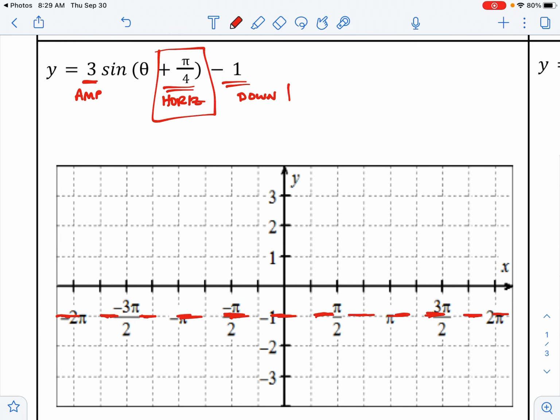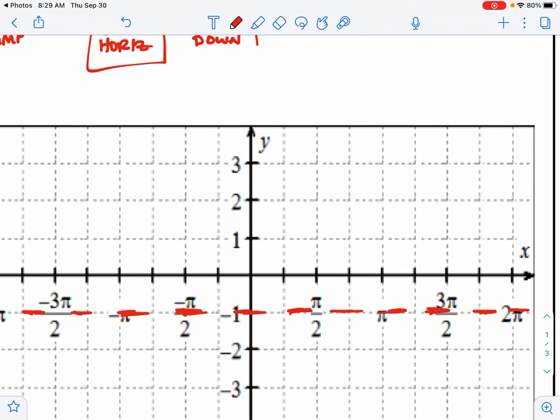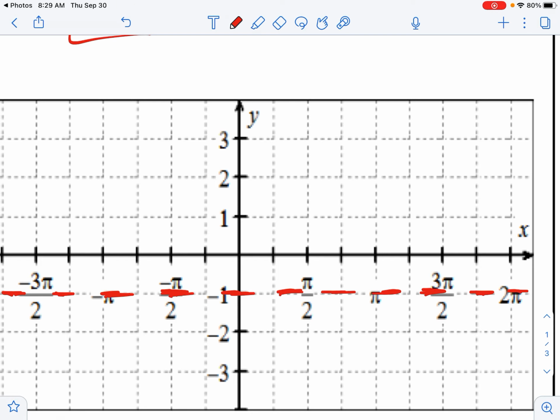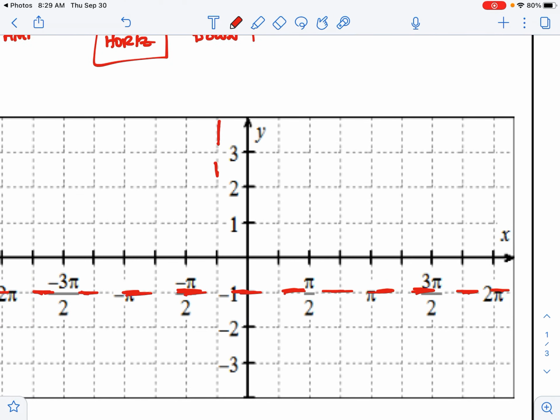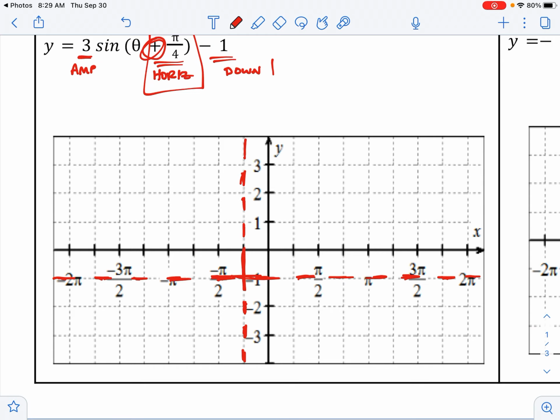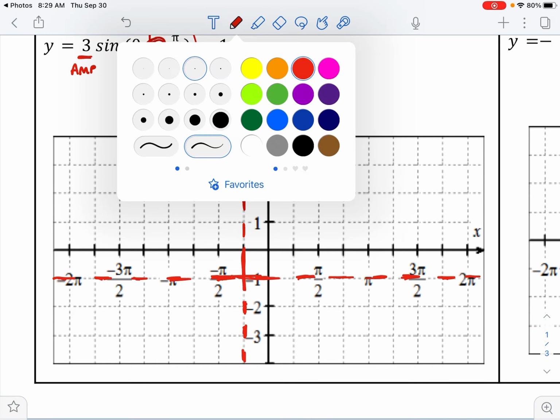So remember, a plus sign is counterintuitive, means to the left, and pi over 4 is going to be half of pi over 2, right? 1/4 is half of a half. So that's actually going to give you my new y-axis. So I'm essentially drawing a new plane here, using the new x-axis and new y-axis with my shifts. Now I can ignore the old x-axis and the old y-axis because I have the new ones.